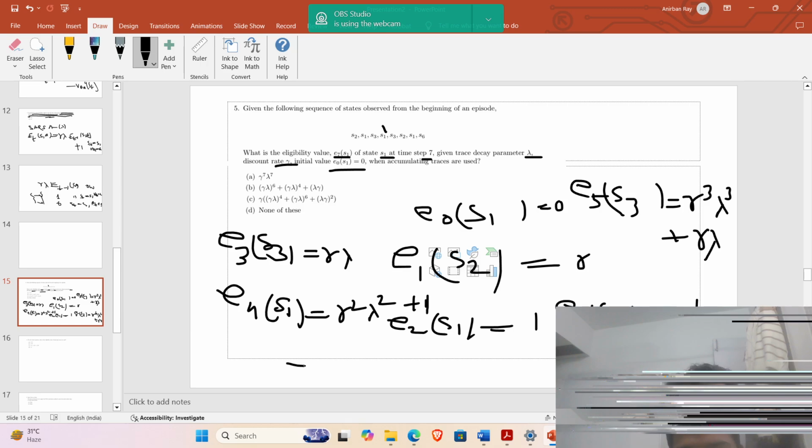Now the last one we have is E7(S1). This is what we need, right? This becomes your desirable one, so decay plus 1. So gamma^5 lambda^5 plus gamma^3 lambda^3 plus 1. Oh god.